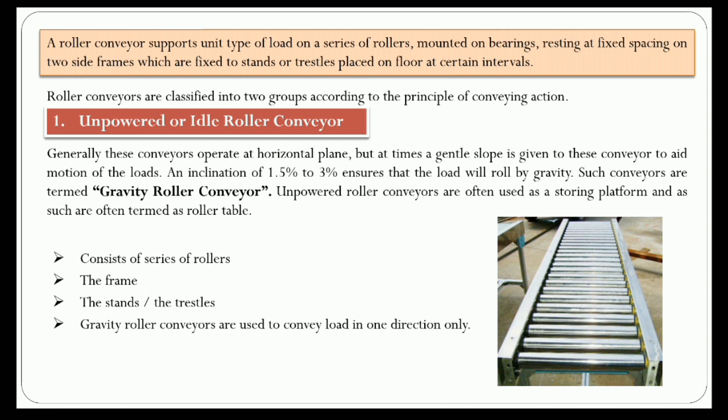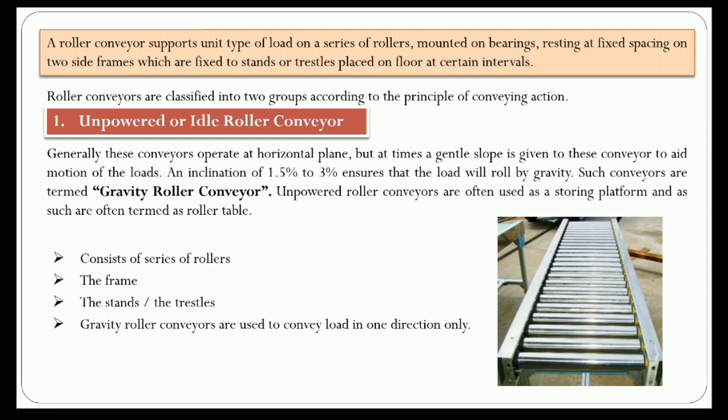So these are one type of roller conveyor you have already seen. Now on the basis of that visual inspection, you can easily find there is some spacing between two rollers. The spacing of rollers depends on the size of the unit load to be carried, such that the load is carried by at least two rollers at any point of time.